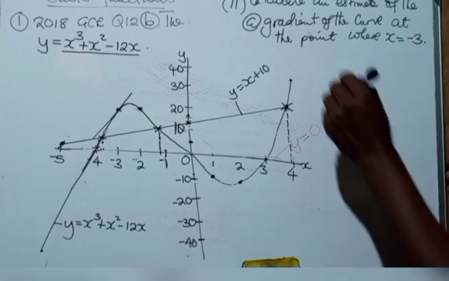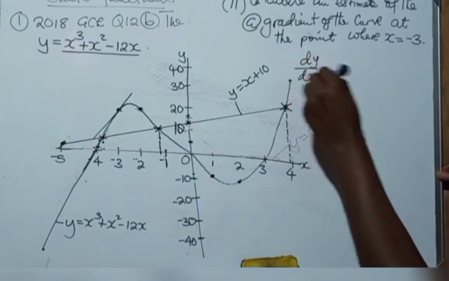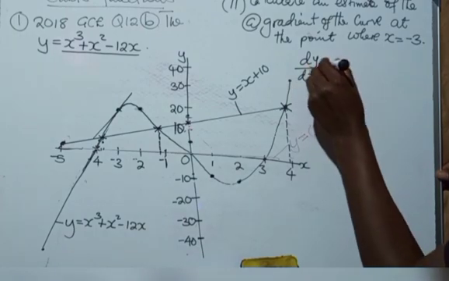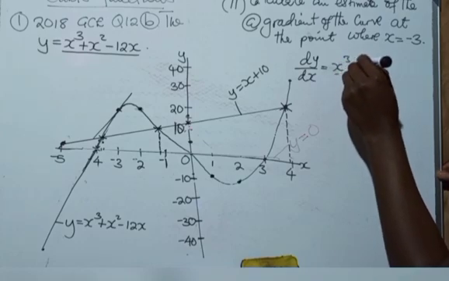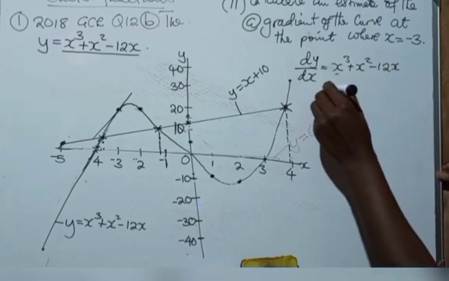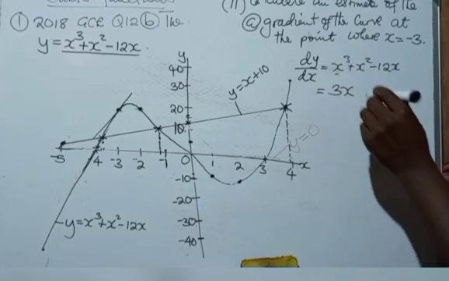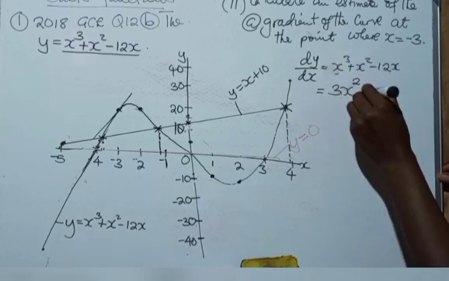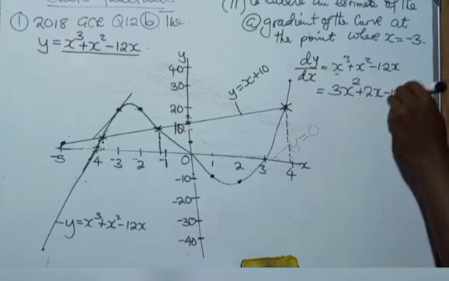So we are going to have dy over dx of x cubed plus x squared minus 12x. So the derivative of this one is 3x to the power 3 minus 1, the answer will be 2. Then plus 2x, then minus 12.